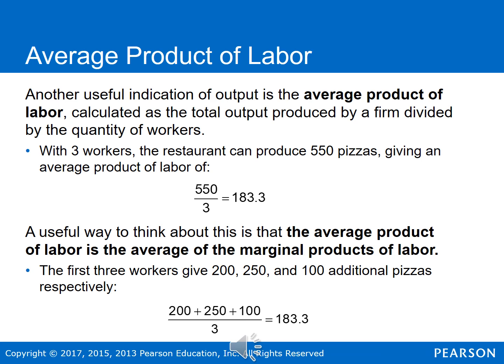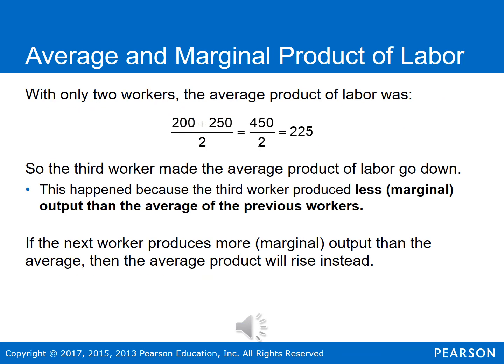So this is another way to illustrate the law of diminishing returns, because this third worker decreases the average product of labor. Again, with only 2 workers, the average product of labor was 225. So the third worker is making that average go down. So, like I said, this is just another way that we can highlight the marginal product.